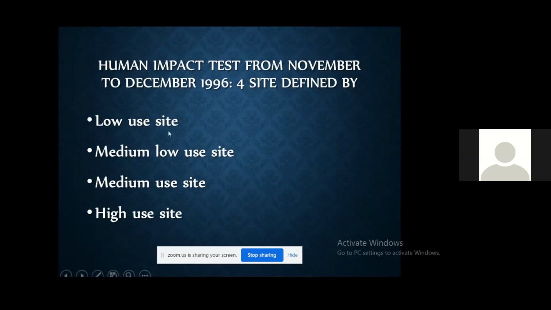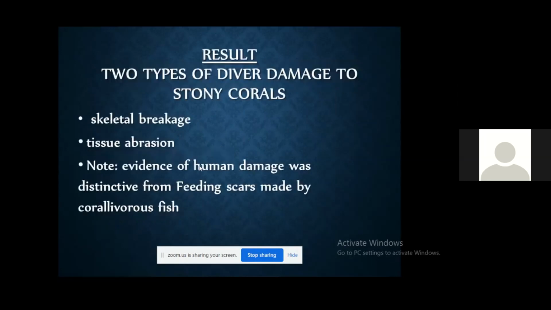Each of the sites was examined for 3 months with different numbers of divers. The high use sites recorded about 4,088 divers in 3 months. There were 2 types of damage to coral reefs recorded: skeletal breakage and tissue abrasion.